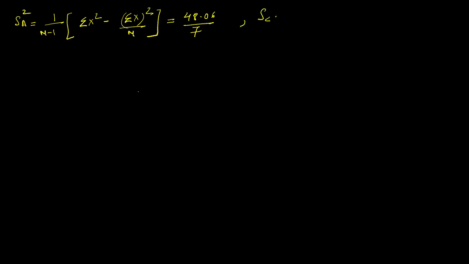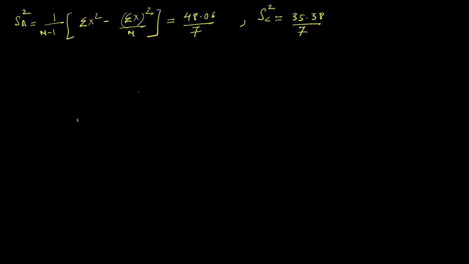SA square would be 1 divided by n minus 1 times the summation of x square minus summation of x whole square divided by n. If you calculate this, it would come out to be 48.06 divided by 7. Similarly, SC square would come out to be 35.38 divided by 7.